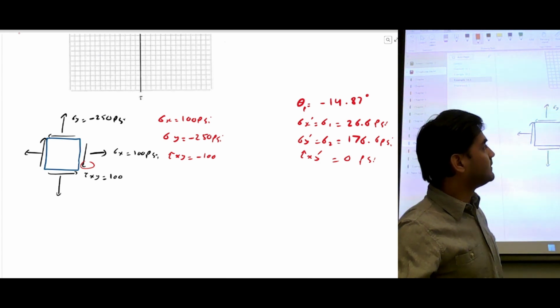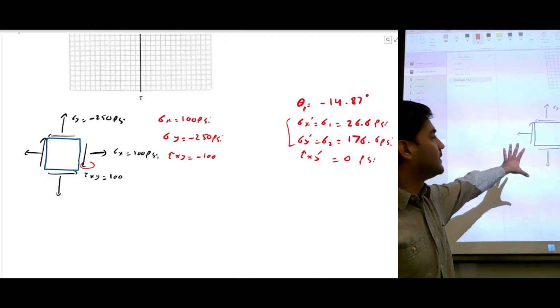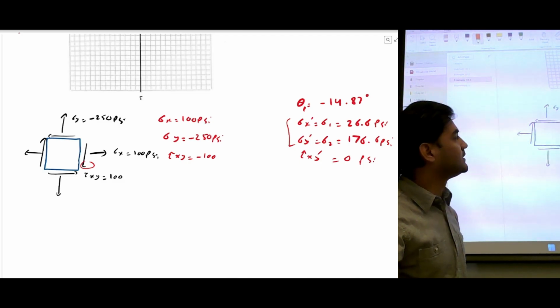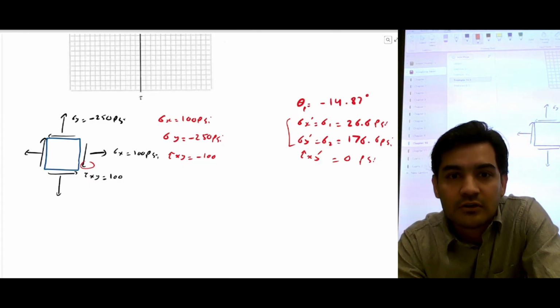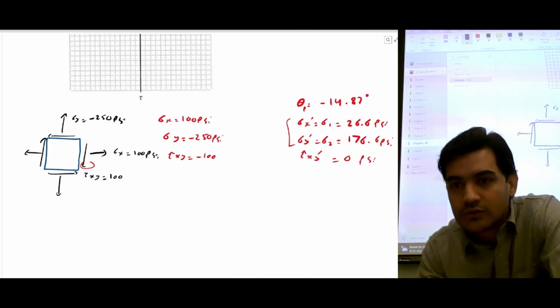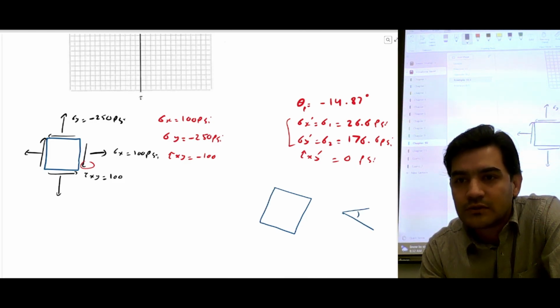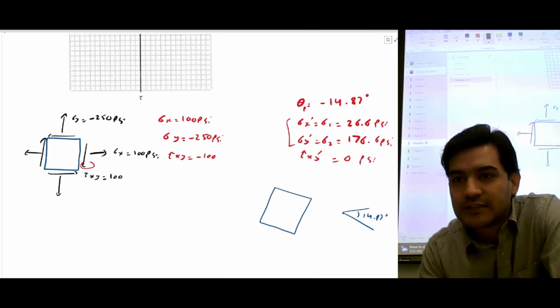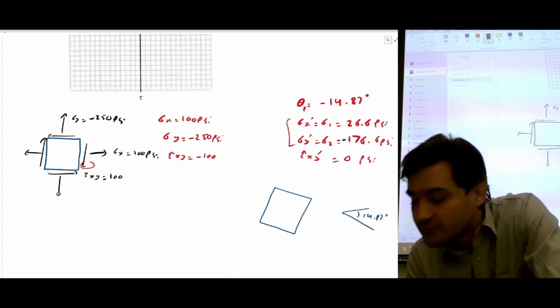So these are the maximum normal stresses you're going to get ever in this particular case. And the angle it makes is minus 14.87. So I'm just going to draw what we got last time. If we rotate the stress element like this, it was 14.87 degrees. The maximum stresses we got, I think this was negative, right?